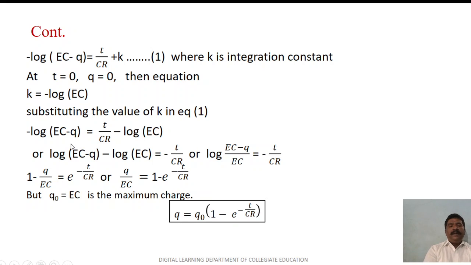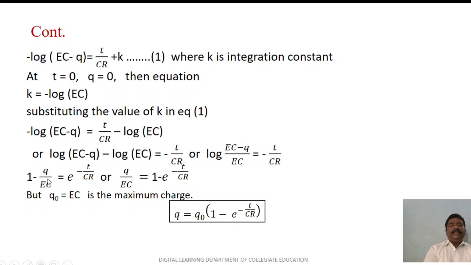This is nothing but log A minus log B, which is in the form log M by N. So substituting, log of M is EC minus Q divided by N is EC, which is equal to minus t divided by CR. Now taking the log to the other side, it becomes exponential.